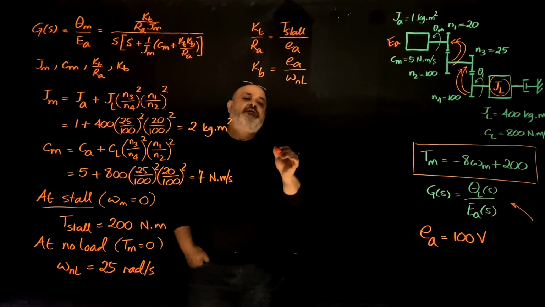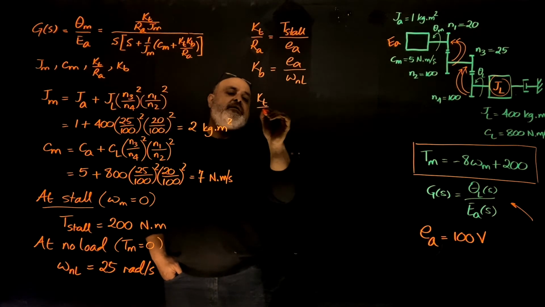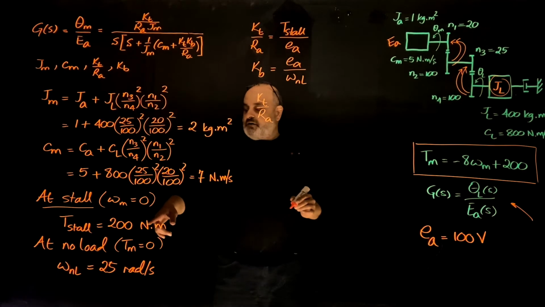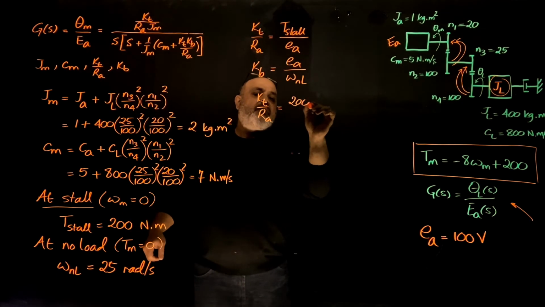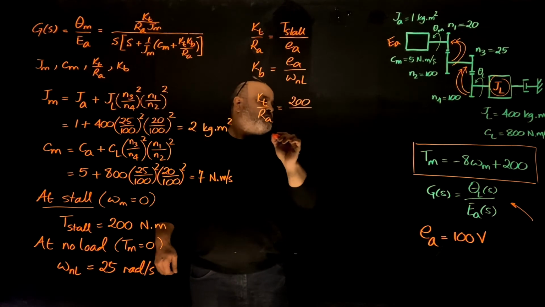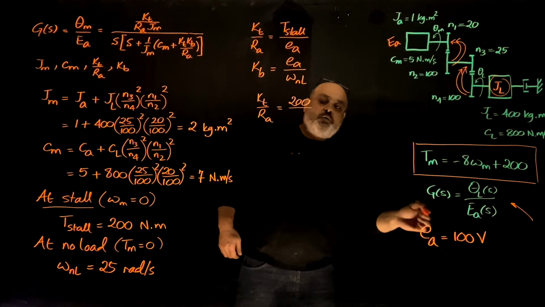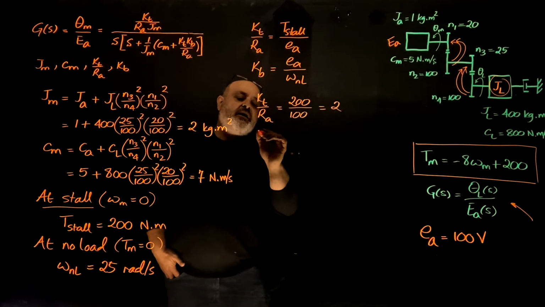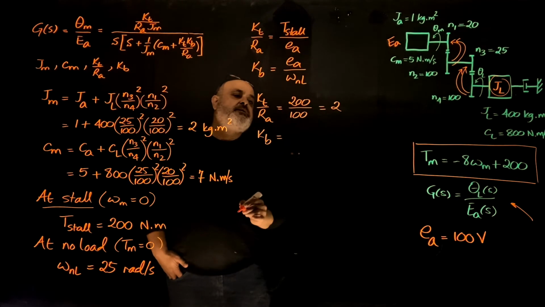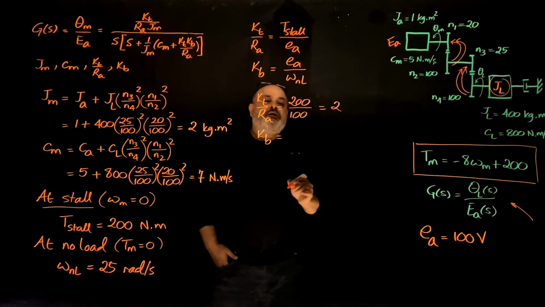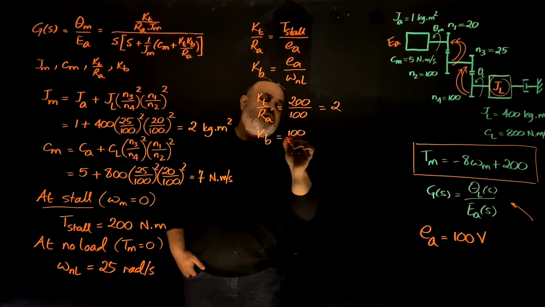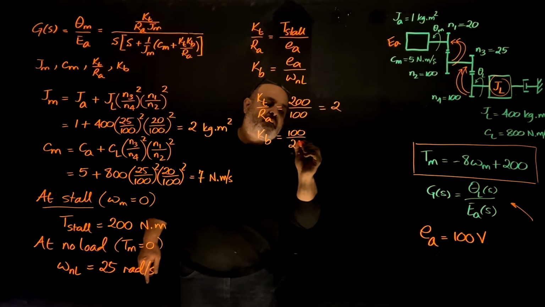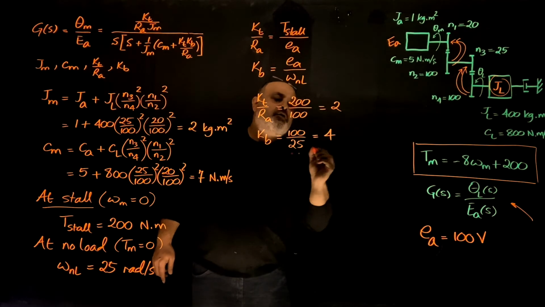So K T divided by R A is going to be 200 divided by the test voltage that's given here, 100, that's 2, and K B is the test voltage 100 divided by omega no load, 25, and that's 4.